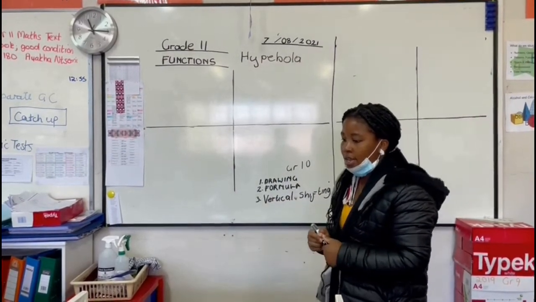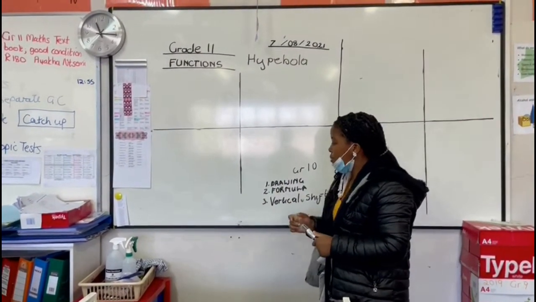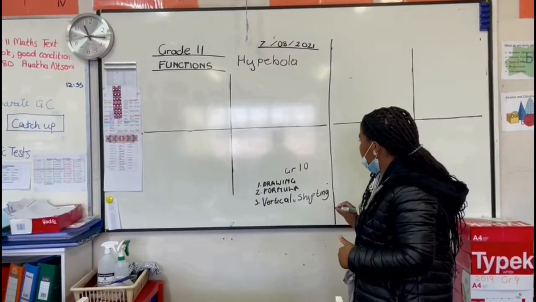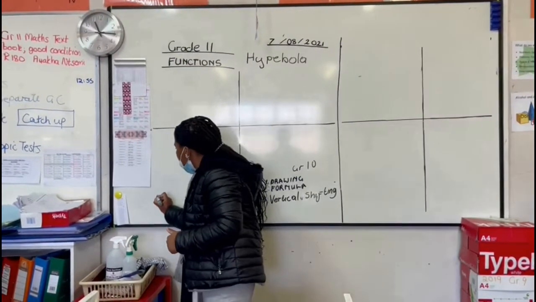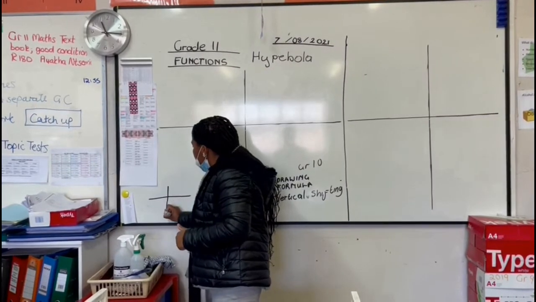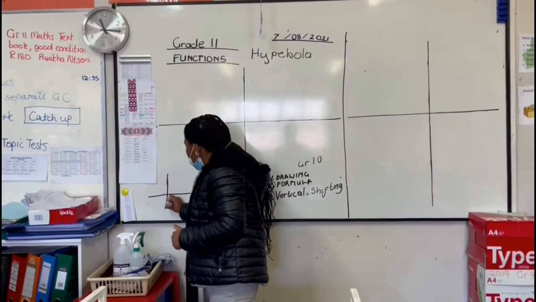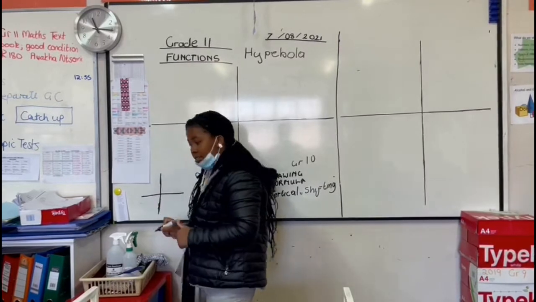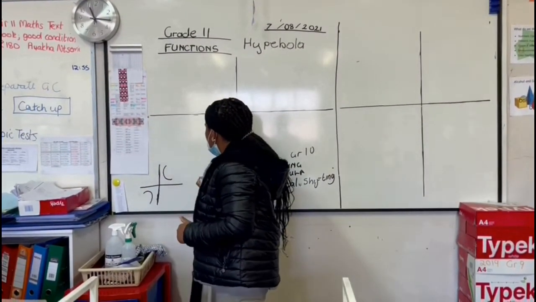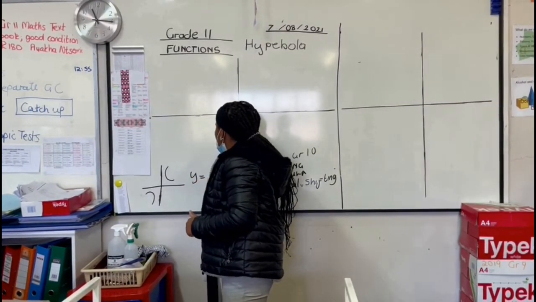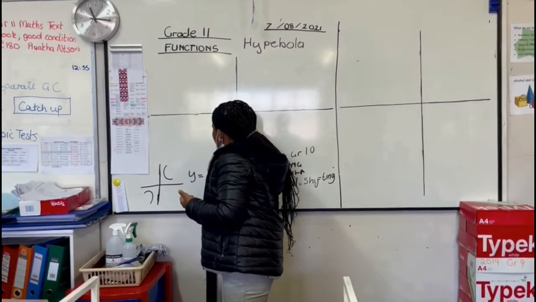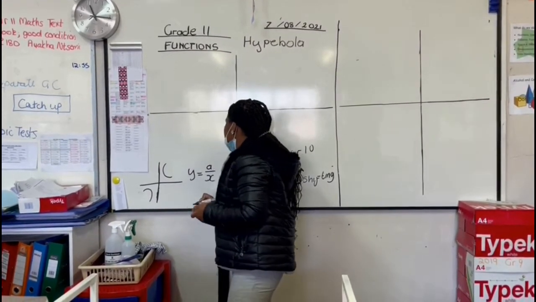So, can anyone remember how a hyperbola looks like, and its formula? The hyperbola's formula is this. This is the original, the mother graph of a hyperbola, which is y equals a over x.